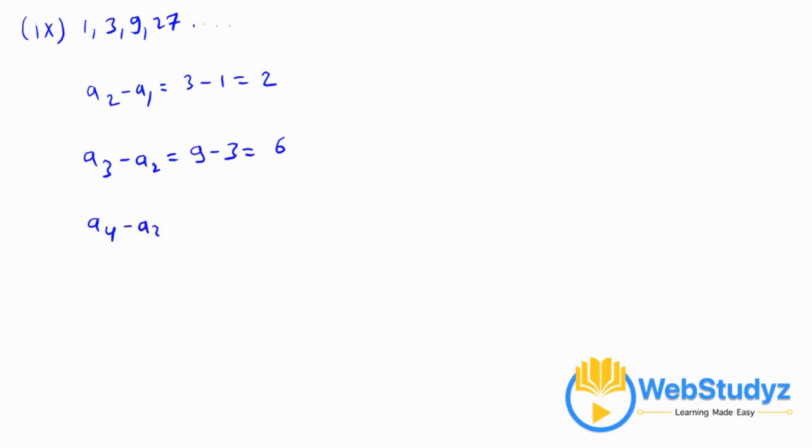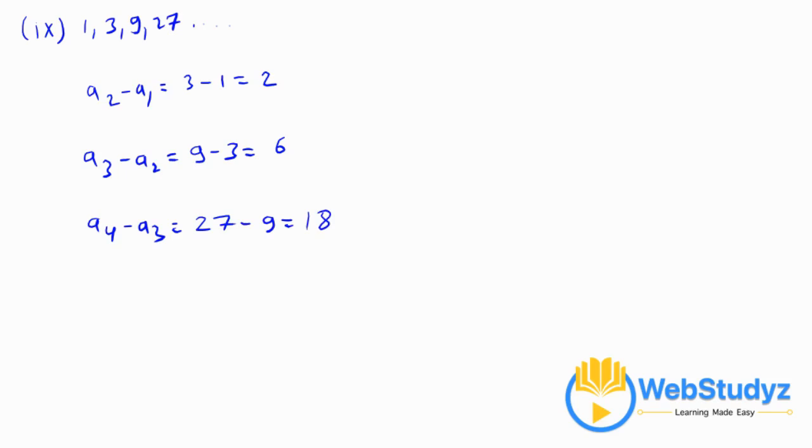1 comma 3 comma 9 comma 27 and so on. Checking the common difference, which is A2 minus A1, which is 3 minus 1, which comes out to be 2. Now calculating A3 minus A2, which is common difference, which is 9 minus 3, which comes out to be 6. Again checking common difference, which is A4 minus A3, which is 27 minus 9, which comes out to be 18.